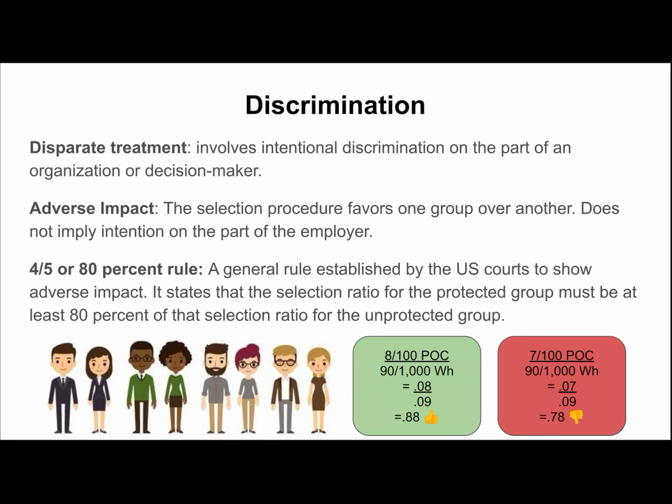It shows that the selection procedure does favor white people because white people are being hired at a rate of more than 80%, or the people of color are being hired at a rate of less than 80%. We give it a thumbs down because it does not meet the criteria and therefore it demonstrates adverse impact of this selection procedure. Again, please send me an email if you'd like more details on the math side of this.